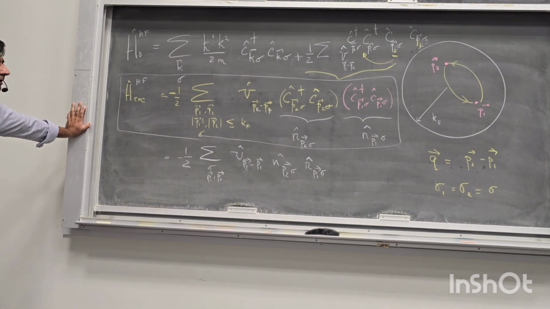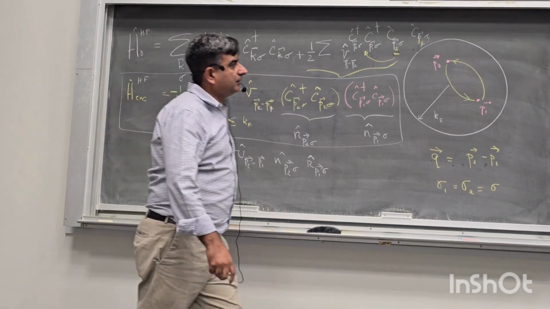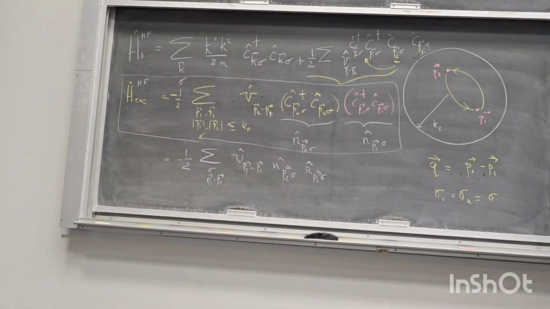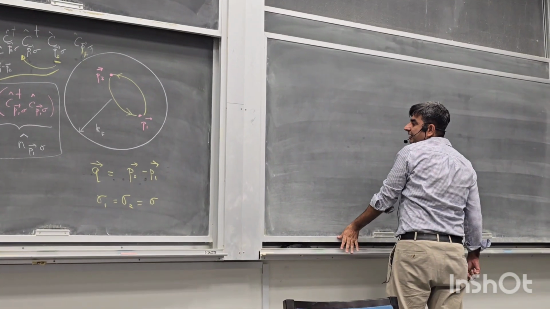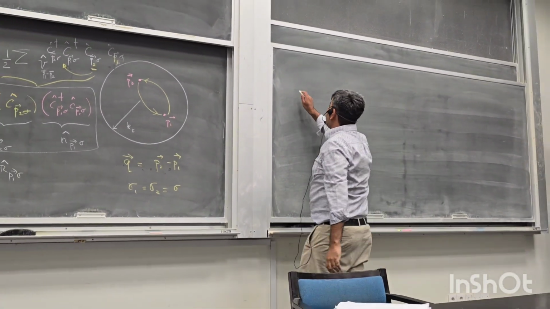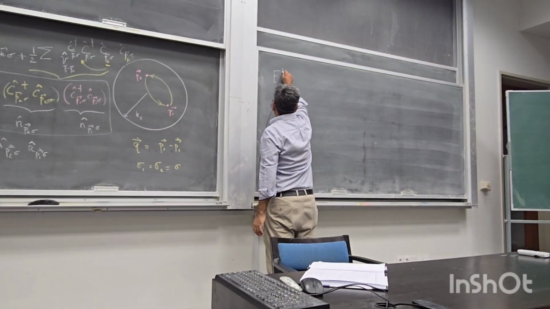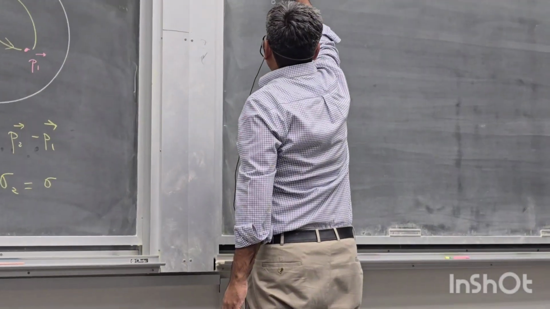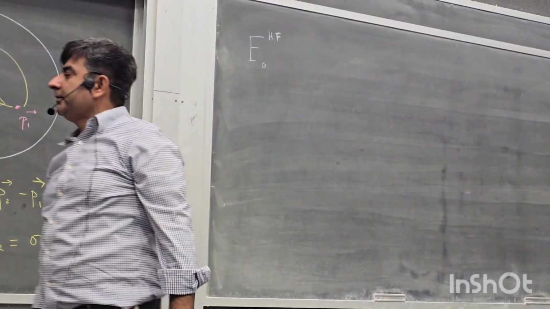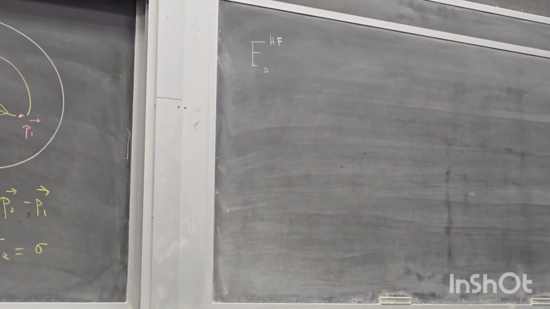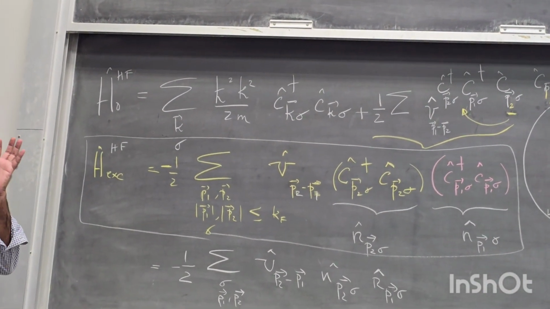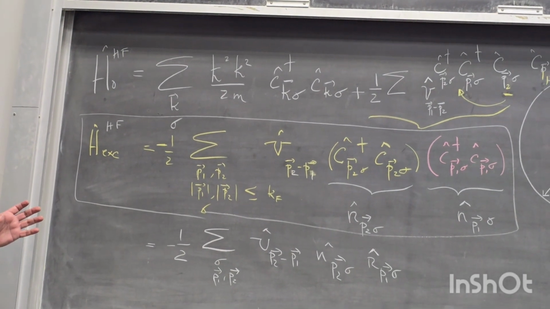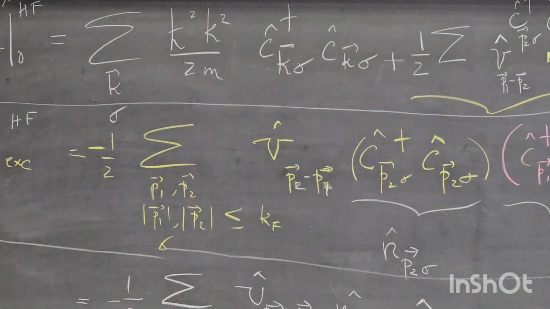Okay. Now we also found out in the previous class that this Hamiltonian leads to an energy. This term is simply the kinetic energy of all the electrons filled up till the level Kf.